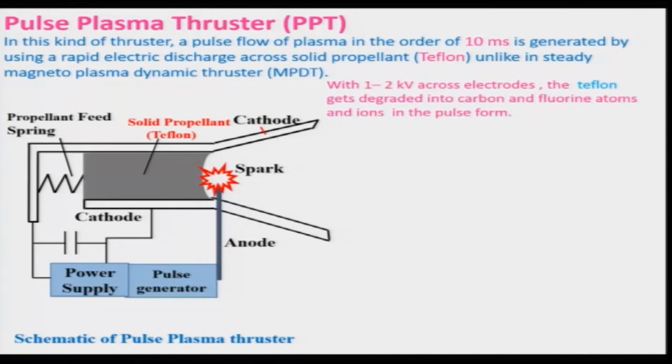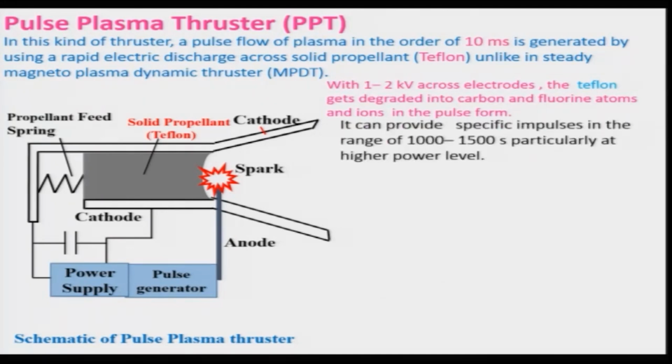And in this case, very low voltage as compared to the magnetoplasma dynamic thruster is being used, that is 1 to 2 kilovolts across the electrode, and as I mentioned earlier, the Teflon gets degraded into carbon and fluorine atoms and ions in the pulse form, producing the plasma, and this can provide the specific impulse in the range of 1000 to 1500 second.